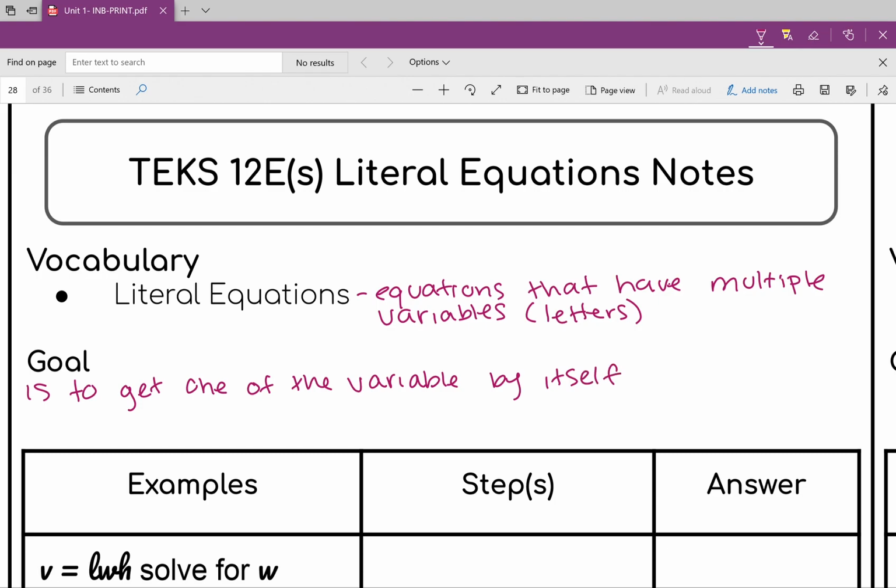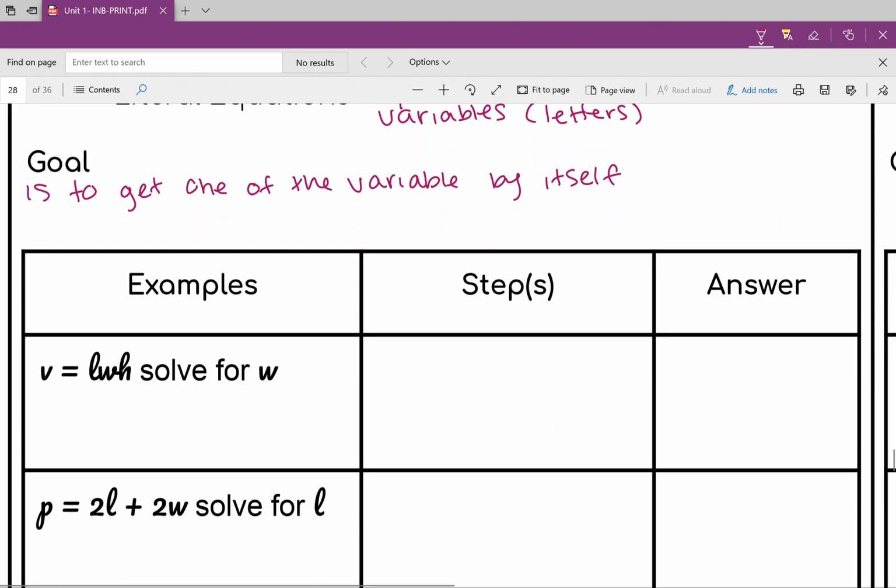So since this is an equation with lots of different variables, with lots of different letters, it's going to tell us to solve for one specific letter. So when we are going through our examples, you'll notice that our answers are not going to be number answers like in multi-step equations, but it's going to be an entirely new equation. So let's look at example 1.